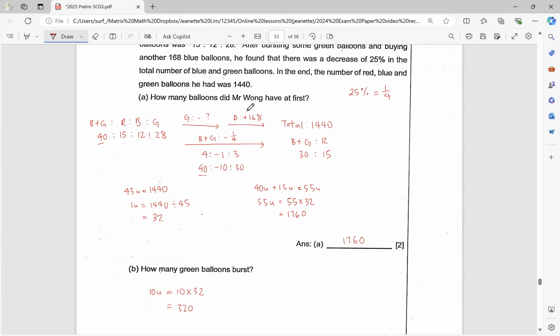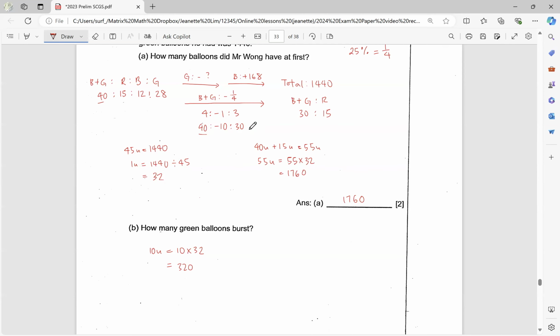But you know the blue actually increased, not decreased. So it means that green will have to drop by more than 320. Green dropped by a lot, then blue increases instead by 168. The overall decrease is 320, so green cannot have a decrease of just 320. It's more than that, because it needs to counter this increase of 168.